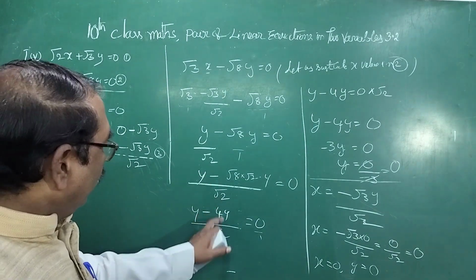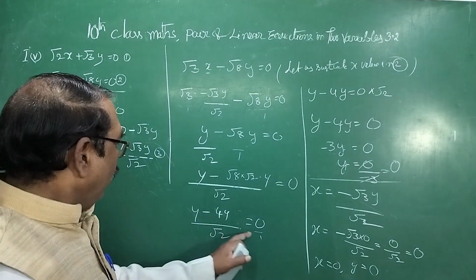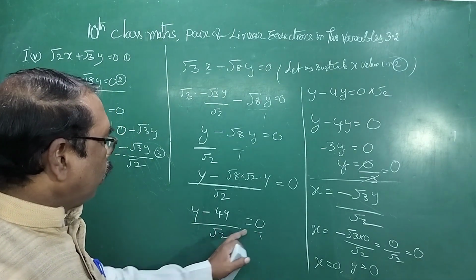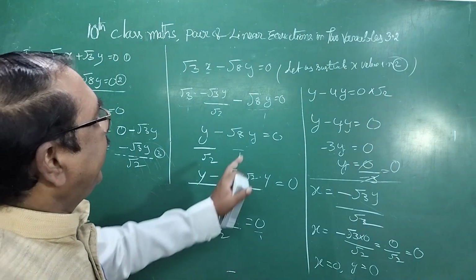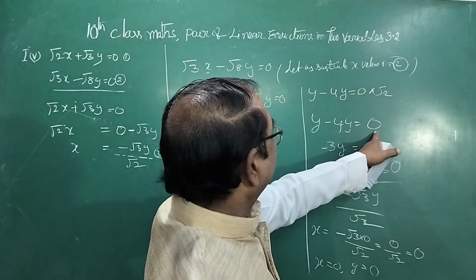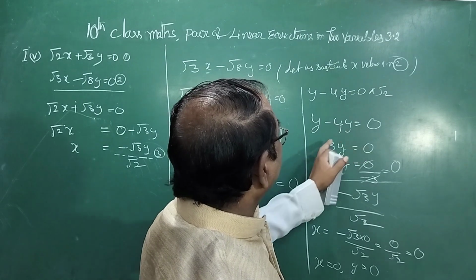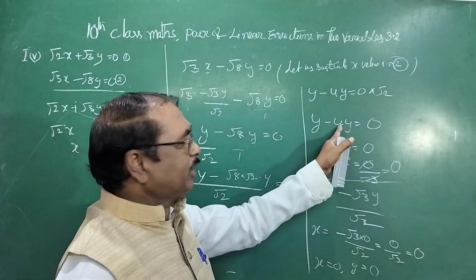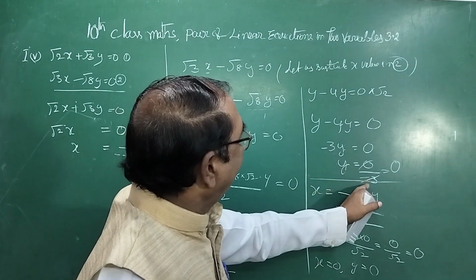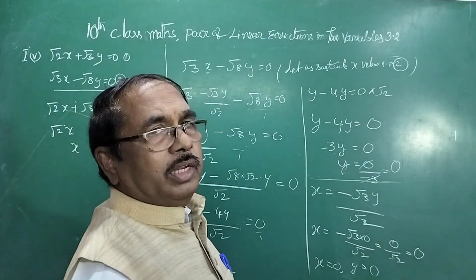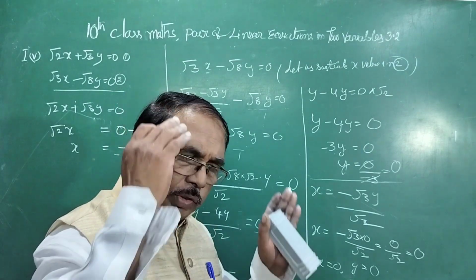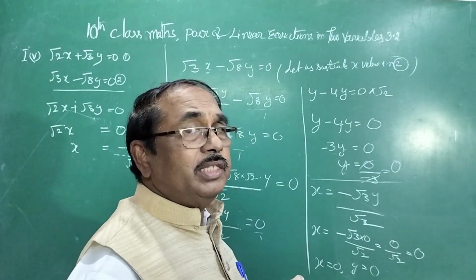By root 2, cross multiplied: 1 into y minus 4y, and root 2 into 0 is 0. So y minus 4y is equal to 0, because when we multiplied, 0 came. Minus 3y is equal to 0, so y is equal to 0 by minus 3, which is 0.